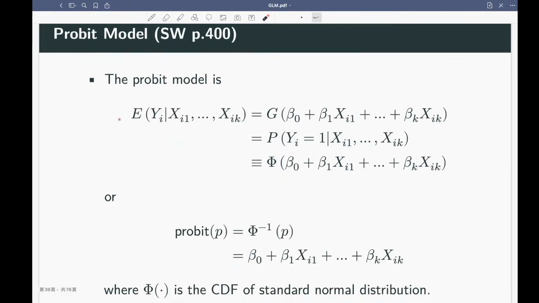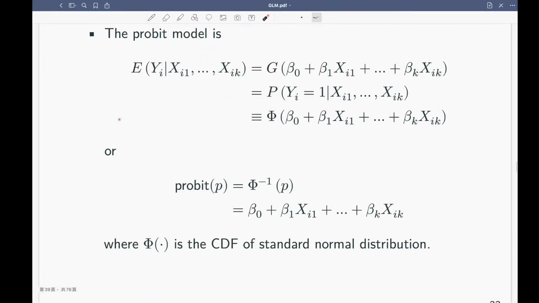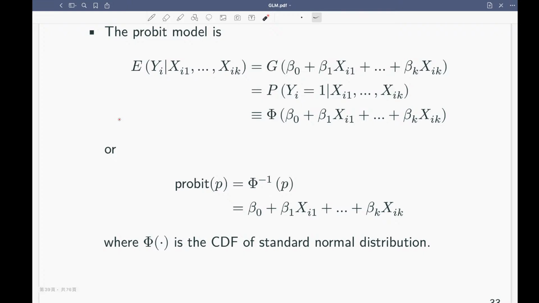The Probit model is about using the standard normal distribution CDF. So you can use these two model appearances. At first we calculate the expected value of y. We define this capital G, and because this is binary, we can find it is equal to the probability of y equal to 1.